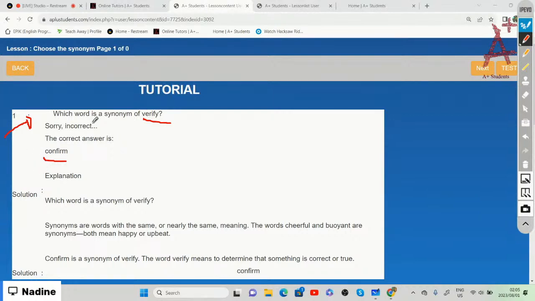Confirm is a synonym of verify, and verify is a synonym of confirm. The word verify means to determine that something is correct or true.